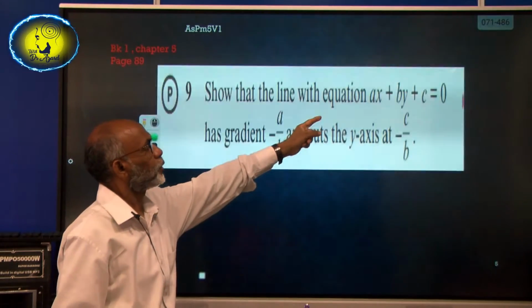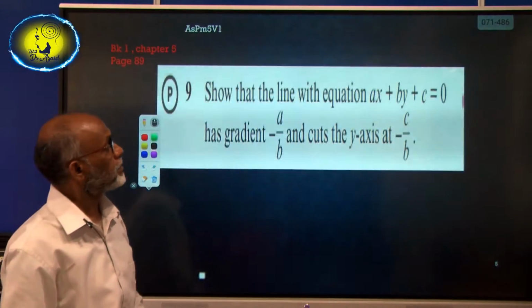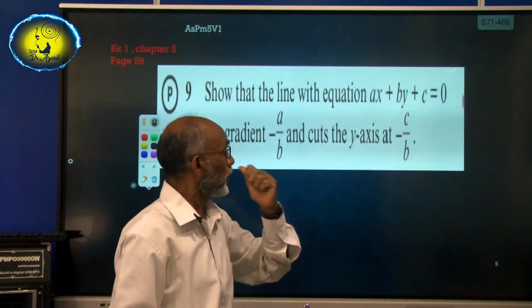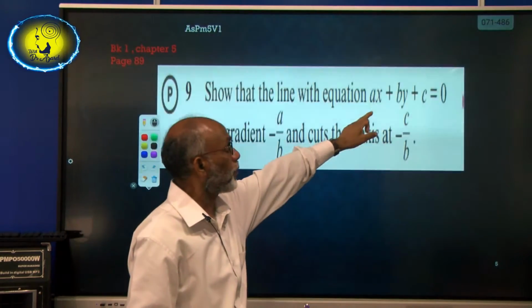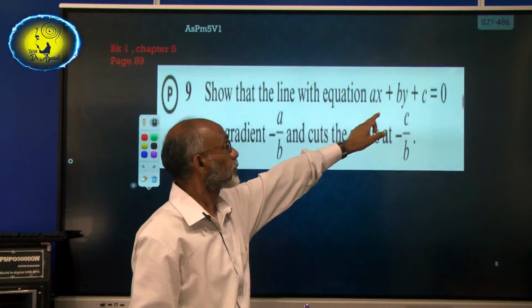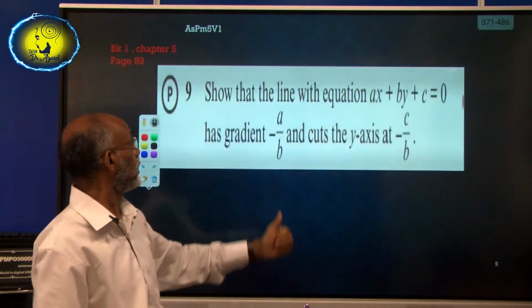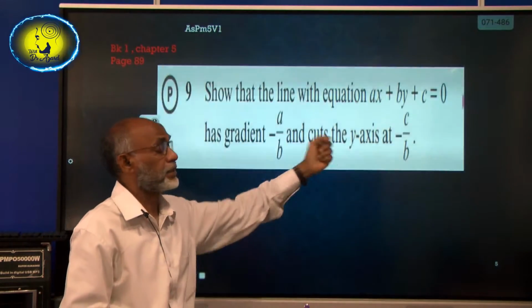Show that the line equation ax plus by plus c is equal to 0. Suppose you have a format in this form, students should be able to identify the gradient and the y-intercept.